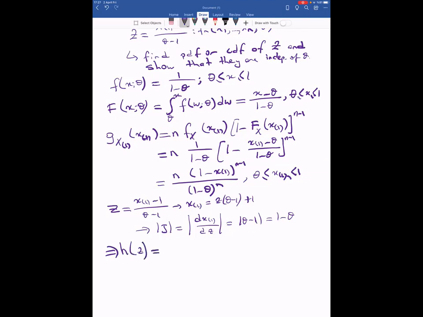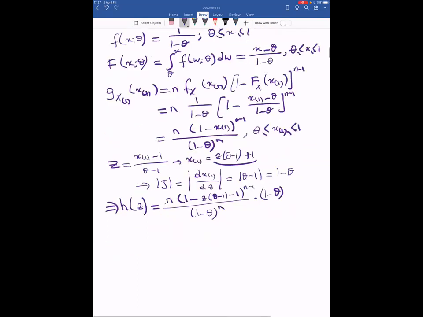Okay, so we have n and 1 minus... So what is x1? x1 is this one. So we have z(θ − 1) − 1. Okay, so this plus b becomes minus and minus 1, 1 minus θ to the n. Don't forget to multiply this by the Jacobian.